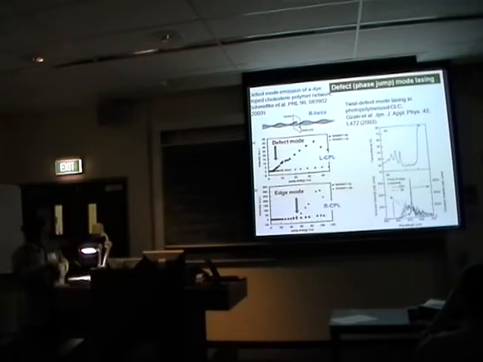So the threshold of defect mode lasing is much, much lower compared to edge mode lasing. This is because the density of modes of the defect level is much, much higher than the band edge. So this is very attractive data.